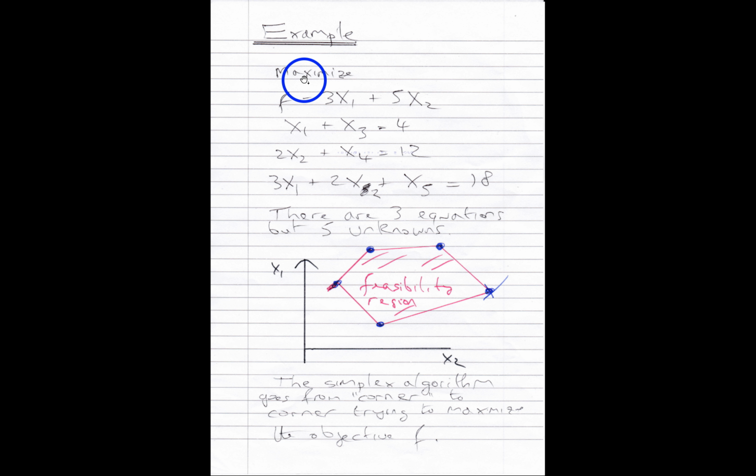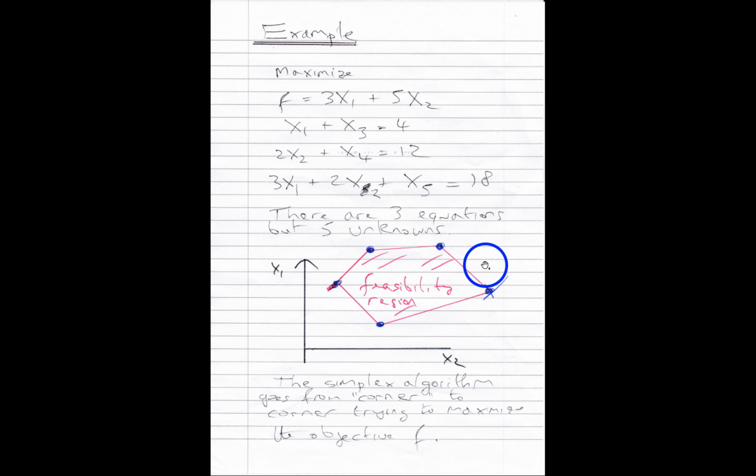We're going to maximize f equals 3x1 plus 5x2, and we have some constraints converted into equalities. One of the issues is that we have three equations and five unknowns.